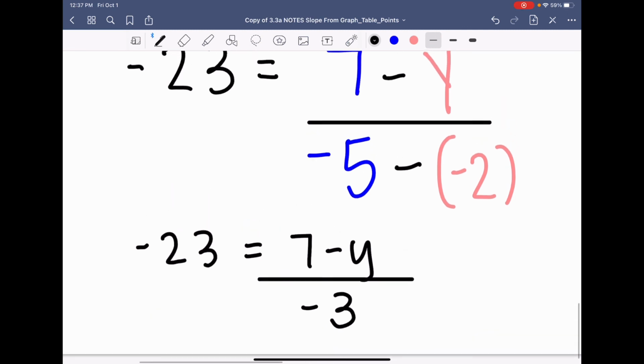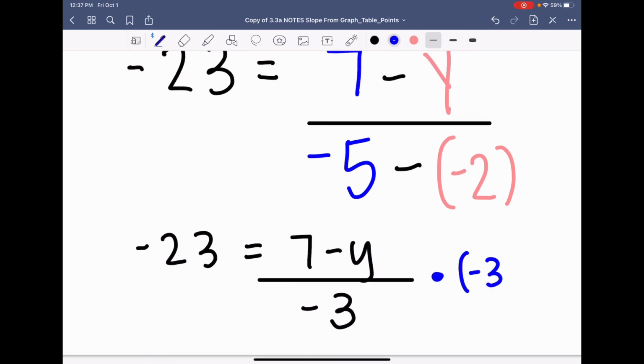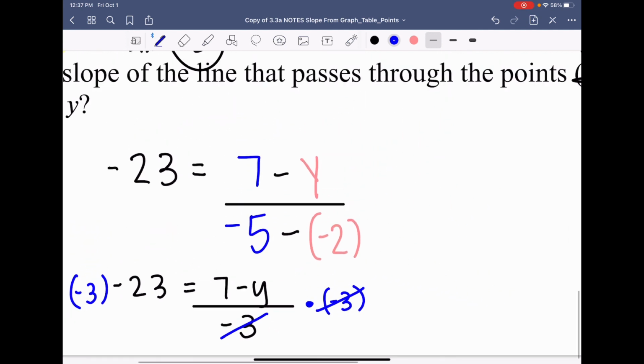So what I'm going to be multiplying is this negative 3 off of the bottom of the fraction. So these cancel, but what I do on one side, I have to do to the other. So negative 23 times negative 3 is 69. So 69 equals 7 minus y.